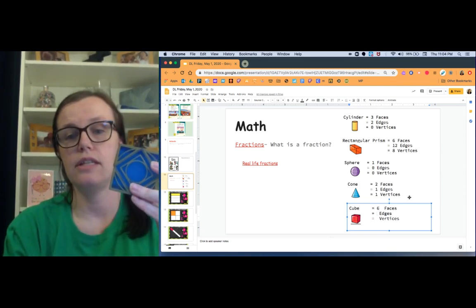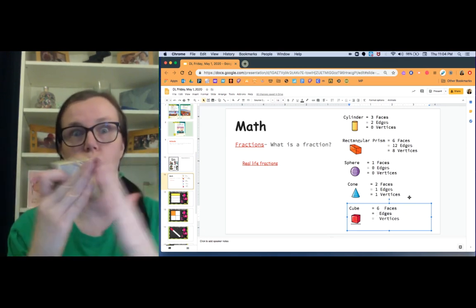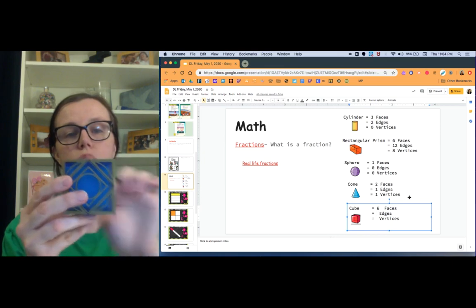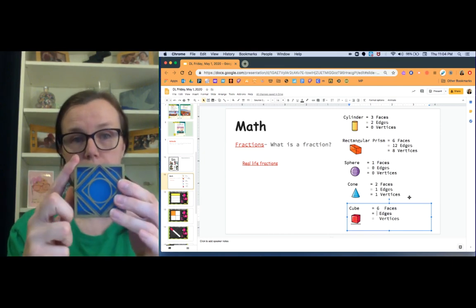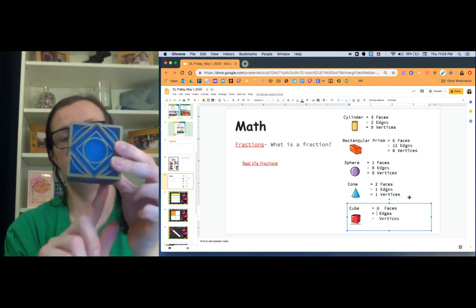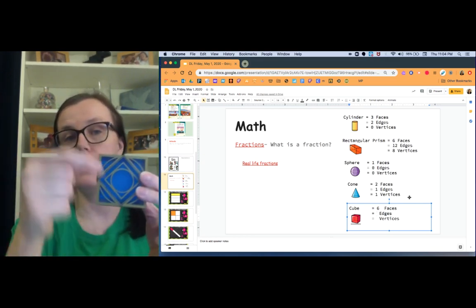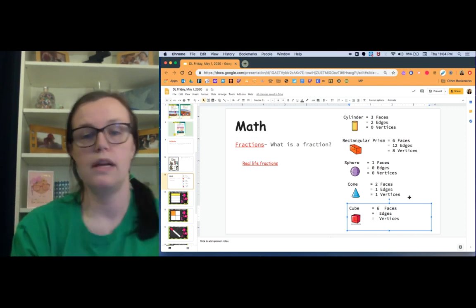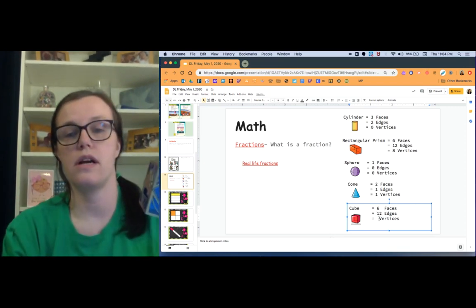Okay, edges. Edges are where 2 faces meet. Here we go. 1, 2, 3, 4. That's the top. Let's do the bottom. 5, 6, 7, 8. Now I got to go up and down. 9, 10, 11, 12. So we have 12 edges for our cube.